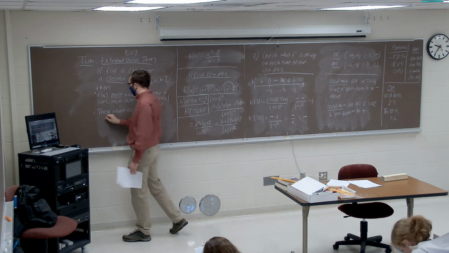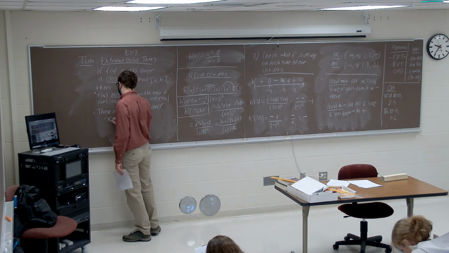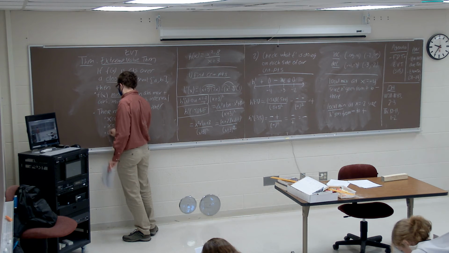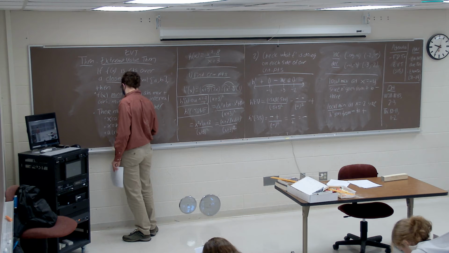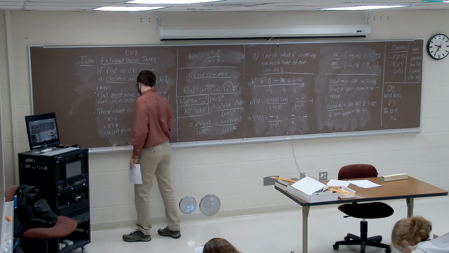So the three possible places where we could have an absolute max or min are at x equals a, x equals b, or a critical point of our function inside the interval.